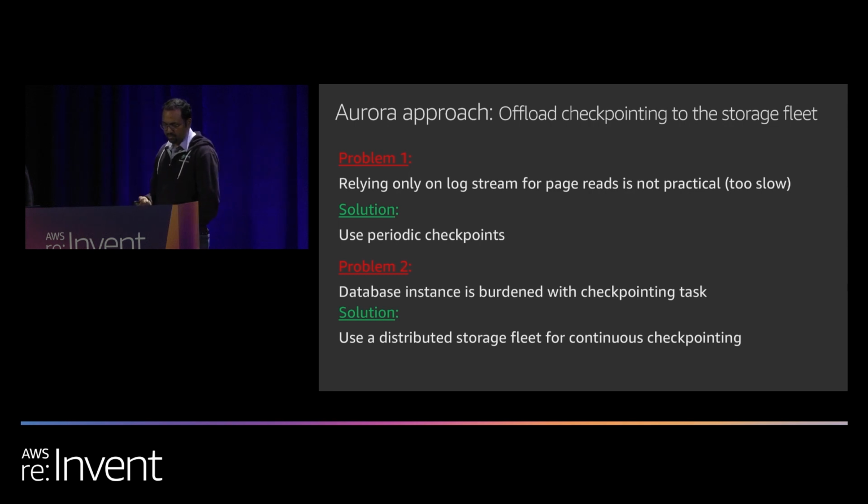So essentially, the Aurora method is to just write log records to the distributed storage, and the distributed storage does the continuous checkpointing. So when the database does a page read, the latest version of the page is already coalesced and ready for serving. Right?